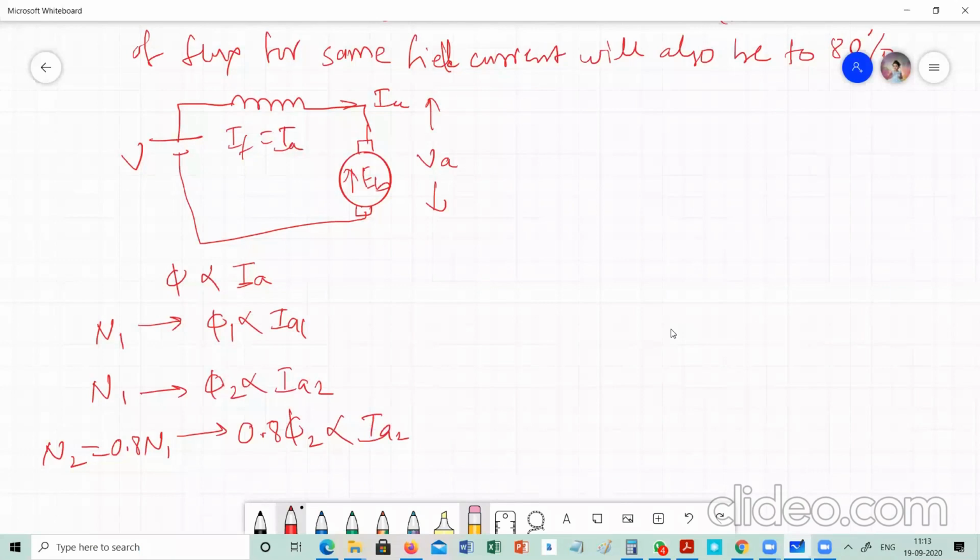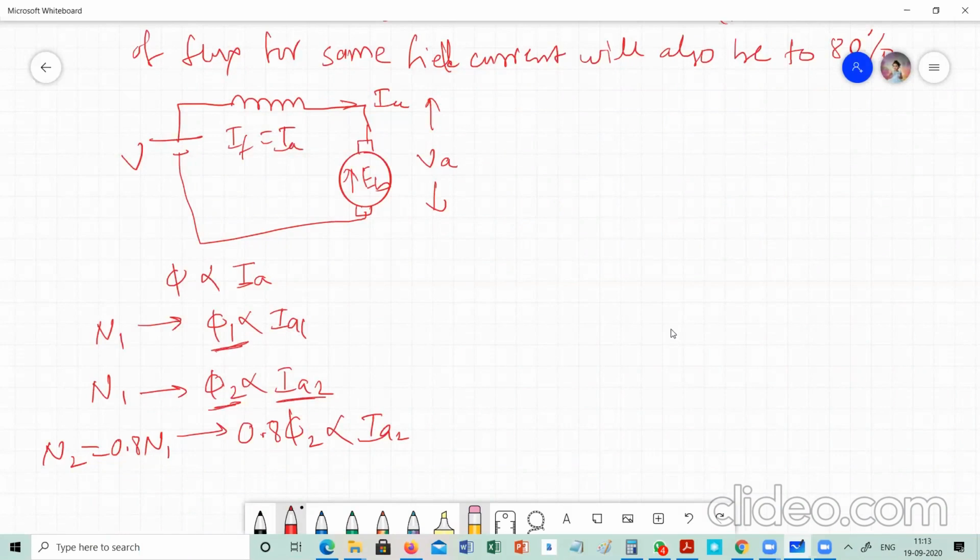Let us see how. In first case, we assume that the number of turns equal to N1. So in that case, if the load draws a current equal to I1, the flux will be phi1. Suppose in other case, the number of turns are maintained equal to N1, same number of turns, but the armature current is changed to IA2, so the flux will be changed to phi2. In this case, the flux is governed by the value of current.